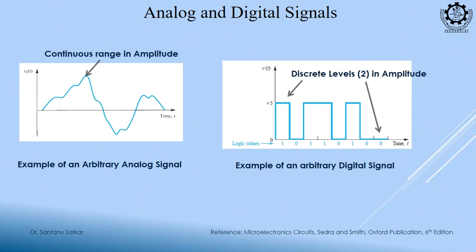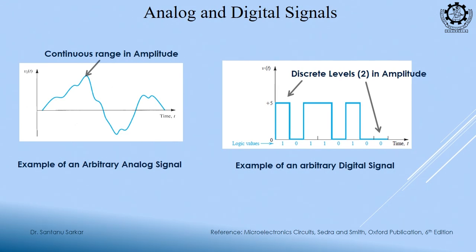Now, in digital, generally the computer or microprocessor can use digital or discrete signals. For example, binary signals, how many levels are there? 0 and 1, right.